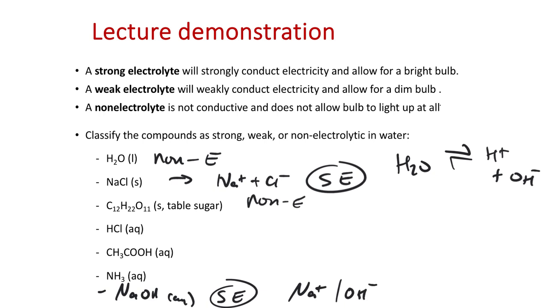Let's look at the two acids, HCl, hydrochloric acid, and acetic acid, and compare them. Let's actually compare them side by side. So I'll do HCl here. So this is hydrochloric acid, and then acetic acid is the other acid. And so let me do these side by side and compare the light bulbs.